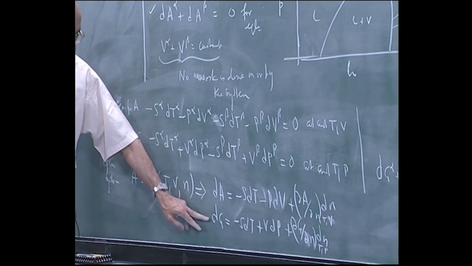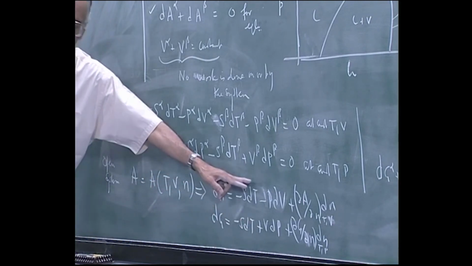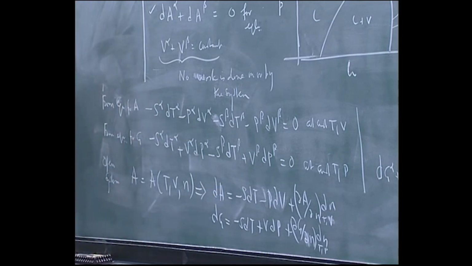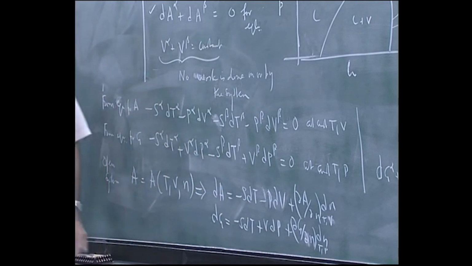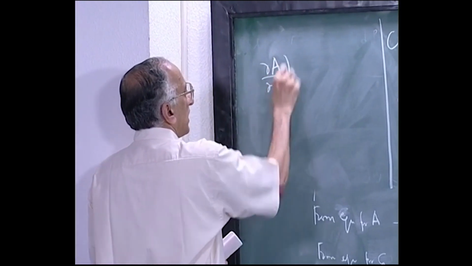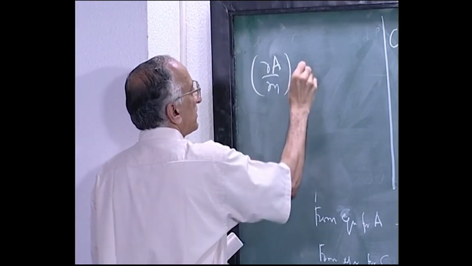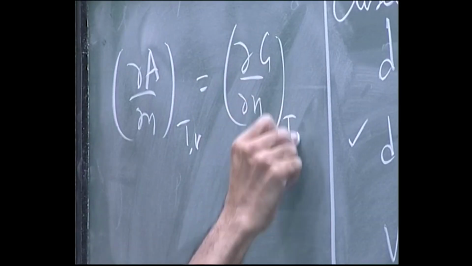So if you differentiate, dG is dA plus d of PV, you get minus S dT minus P dV exactly. So by this comparison, you know these two are the same. Partial of A with respect to N at constant T and V is equal to partial of G with respect to N at constant T and P.